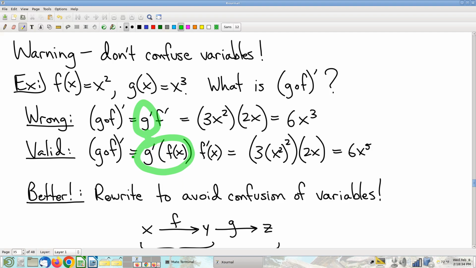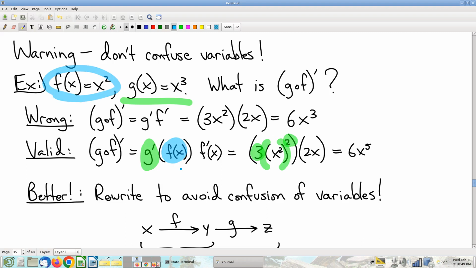And so with that in mind, g prime still is 3 times whatever is on the inside squared. It's just that now what's on the inside is f of x, aka x squared. And so I get 3x squared squared.